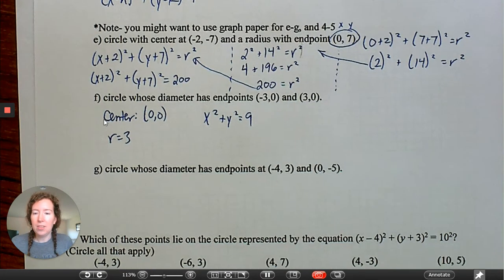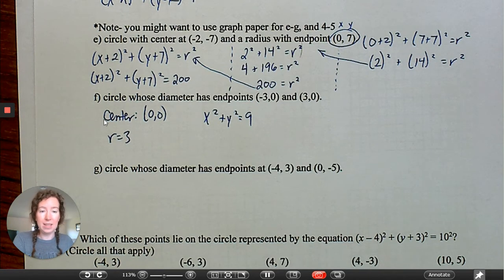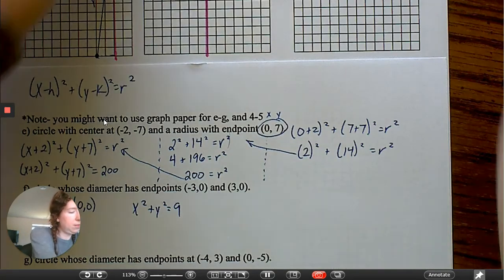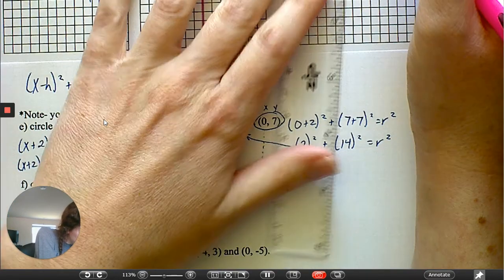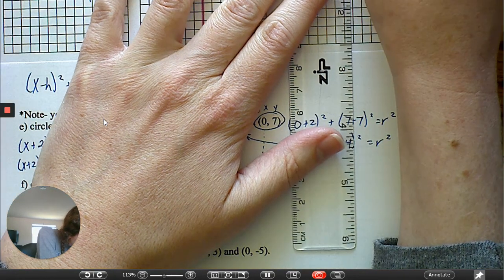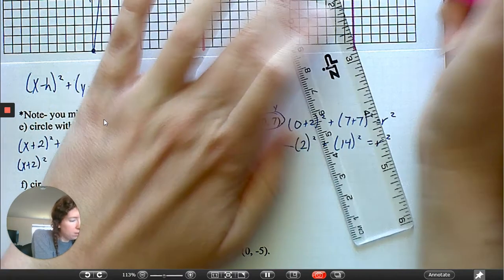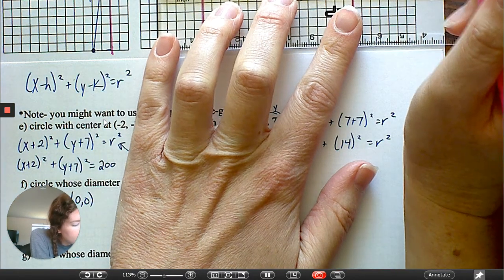We want to find the equation of a circle whose diameter has endpoints at -4, 3, and 0, -5. Okay, let's graph this again. -4, 3, 0, -5. Draw my axes.